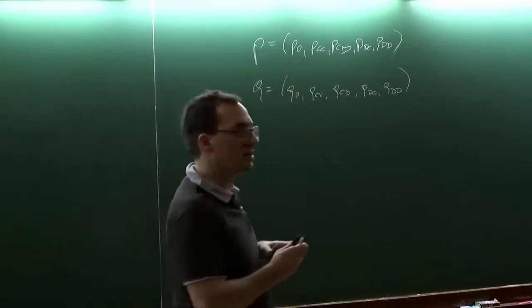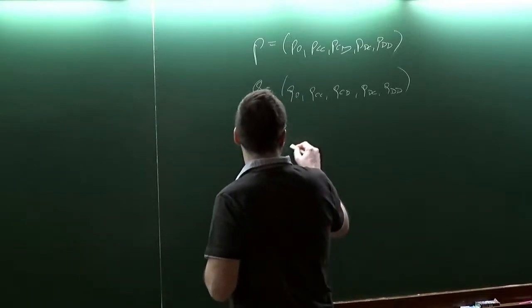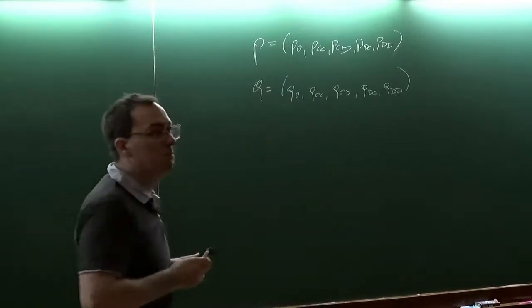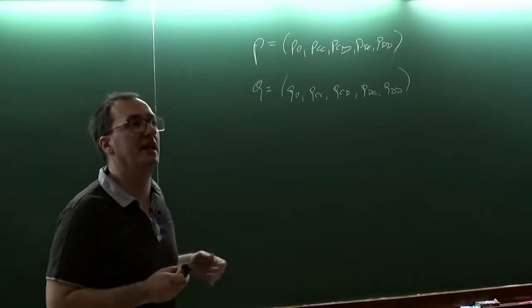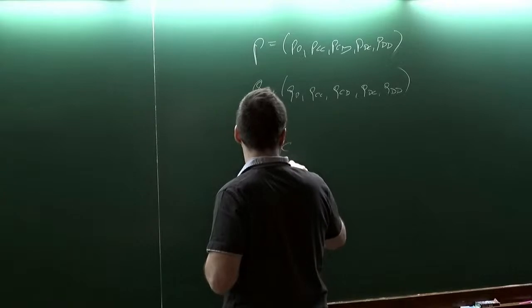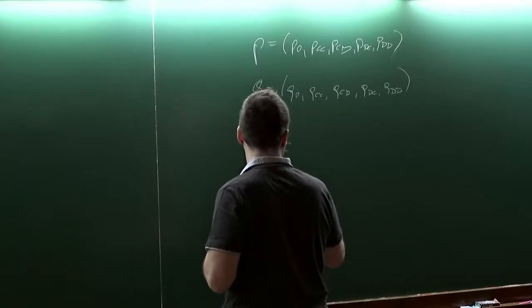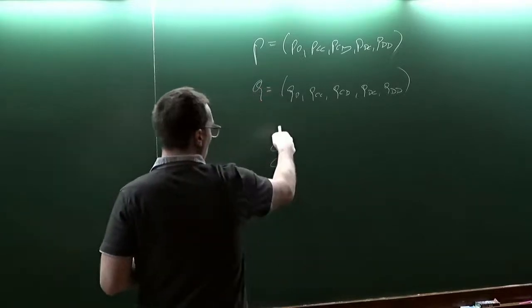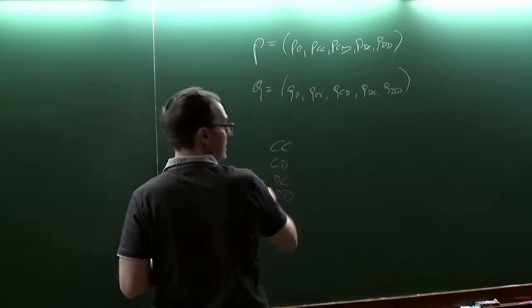So in particular, the state space of this Markov chain is what happens in any given round. What happens in any given round could be CC, or CD, or DC, or DD. So I cooperated, you defected, and so on.